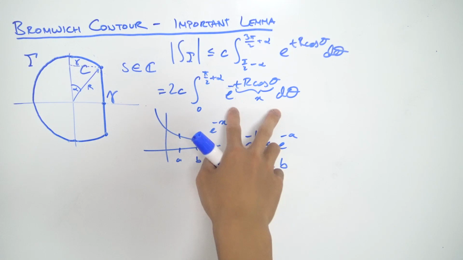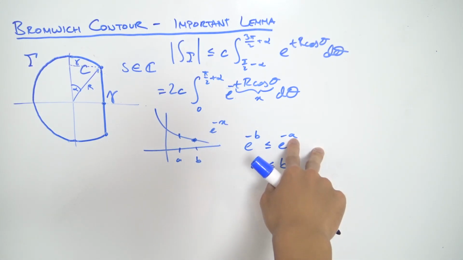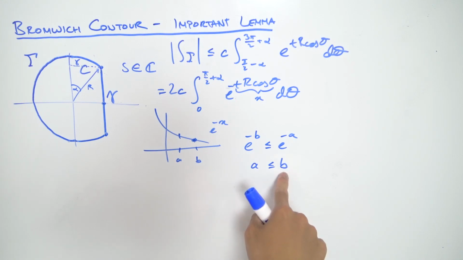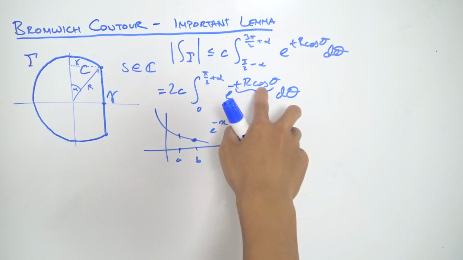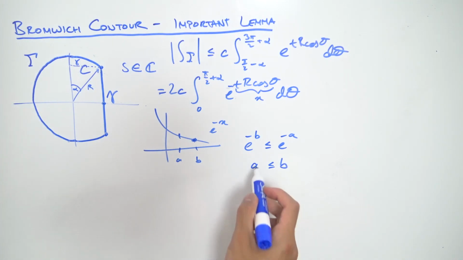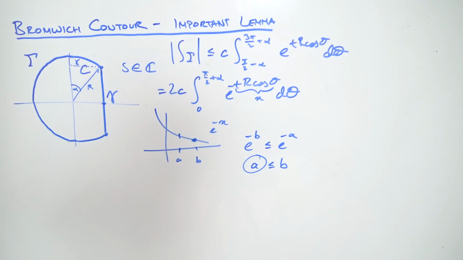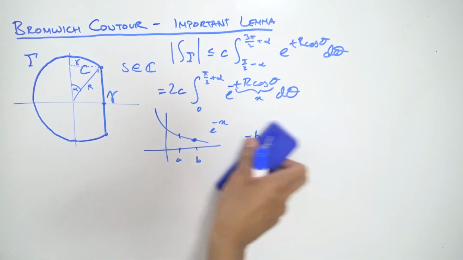In order to find a new upper bound for this integrand, we need to look for some kind of a, because if we can find an a that's less than b, so a function that's less than or equal to the function we have in the exponent, then we find a new upper bound for our entire exponential function. So our goal is now to find this particular a, which is always less than or equal to b, which is what we have currently.